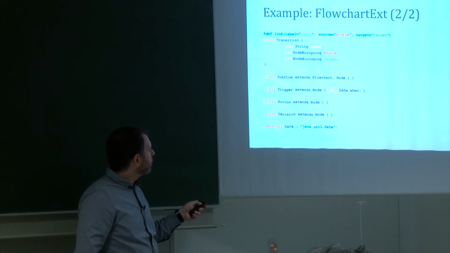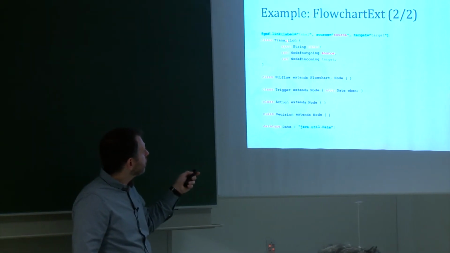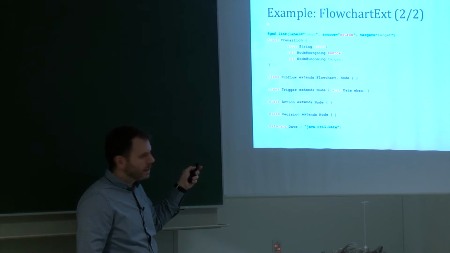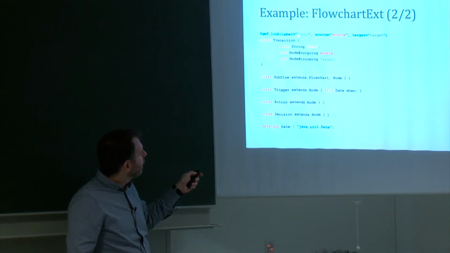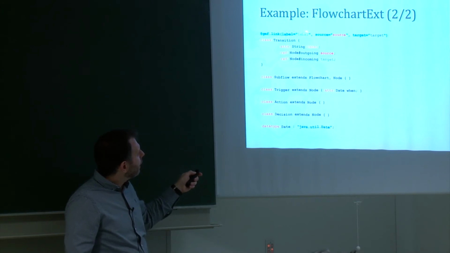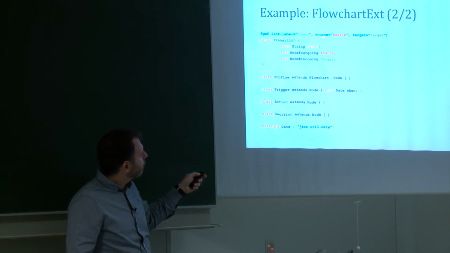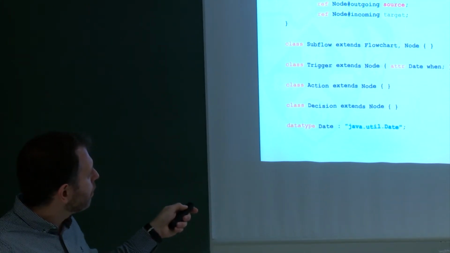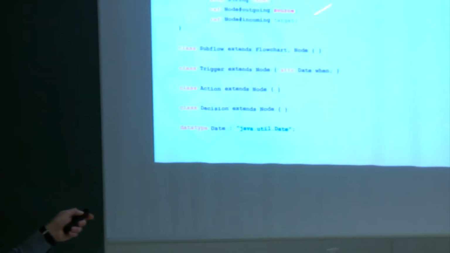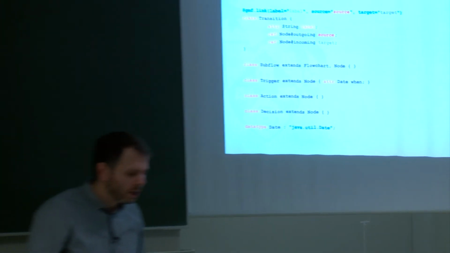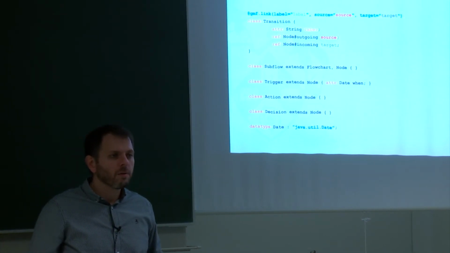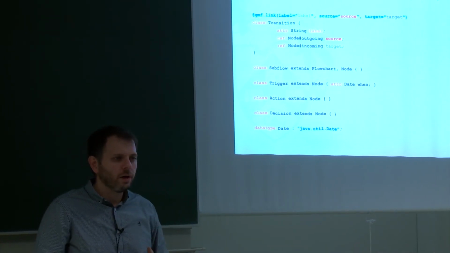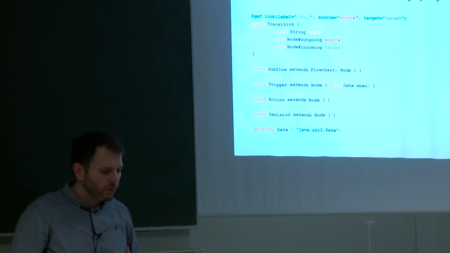And then we also specify that transitions will be visualized as links, as connections in our graphical editor. They will have a label that reflects the value of their label property. And their source will be the value of their source property, and their target will be the value of their target property. And this is pretty much all the information we need to provide in order to get a fully functional graphical editor out of our language.